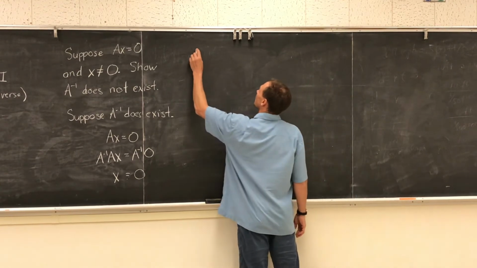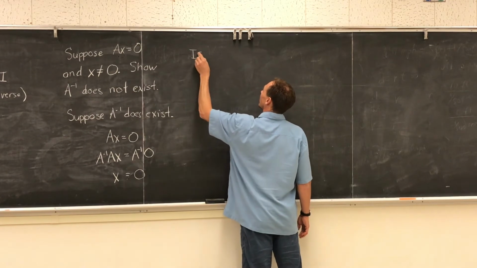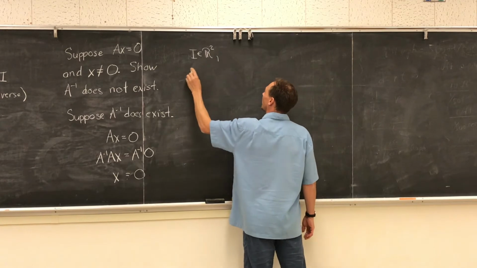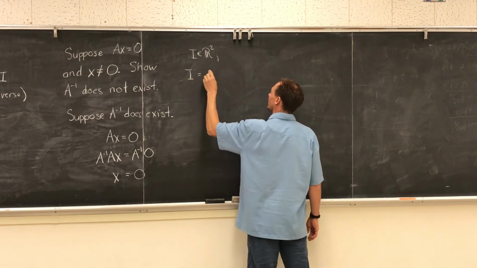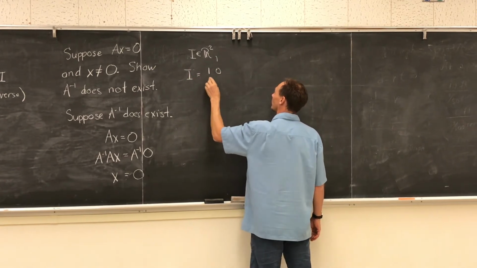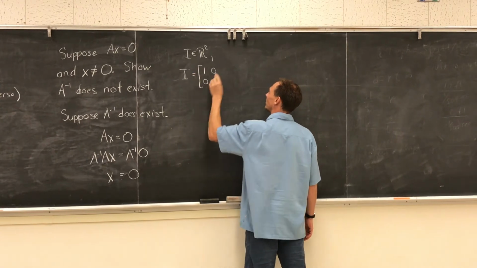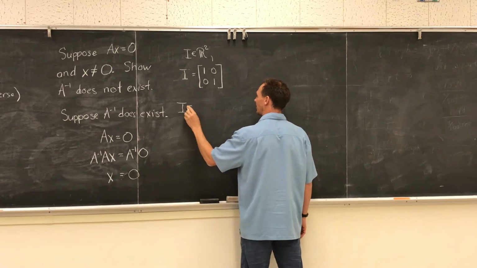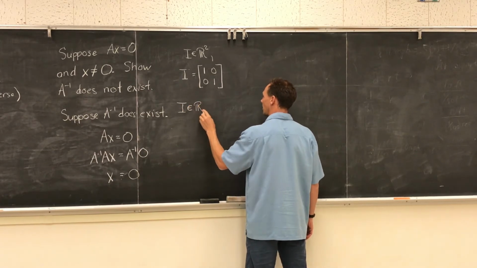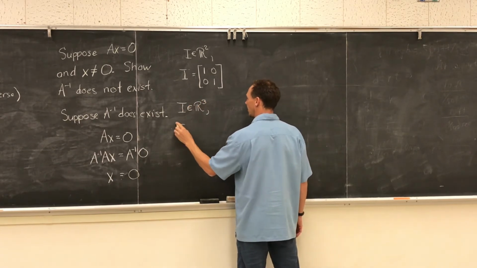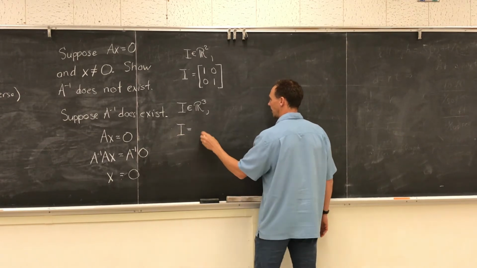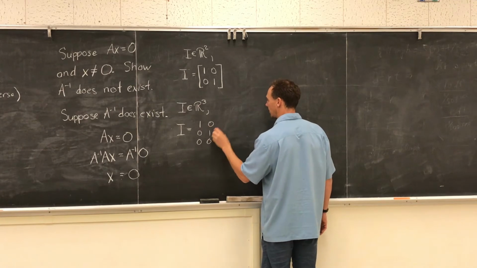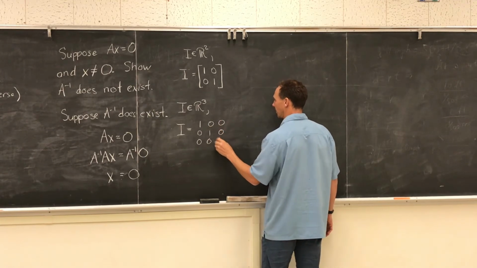So let's take a look at this. If I have I in R2, then what was I? That meant that I looked like this, 1, 0, 0, 1. That's the identity matrix in R2. And if the identity matrix is in R3, then I is 1, 0, 0, 0, 1, 0, 0, 0, 1.